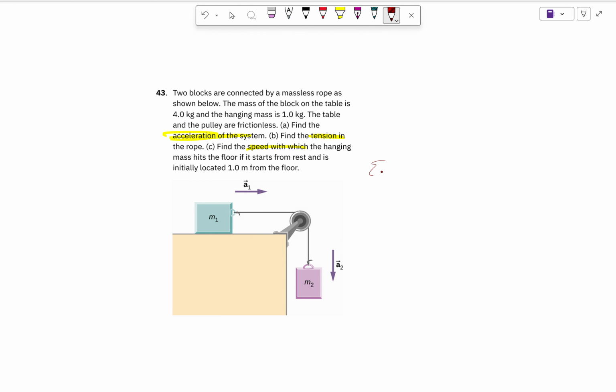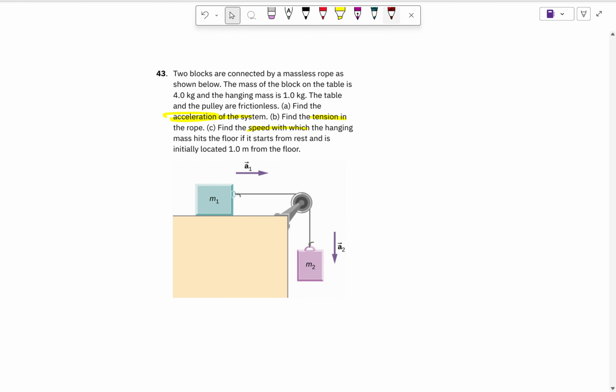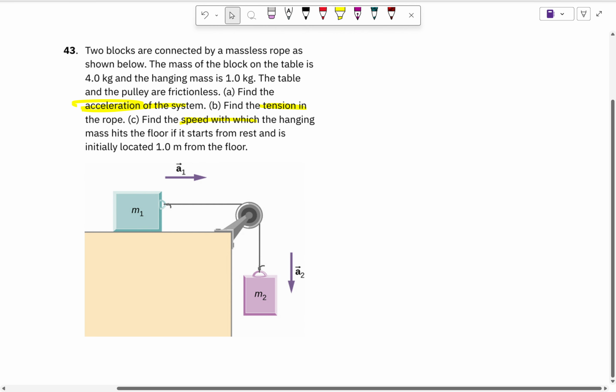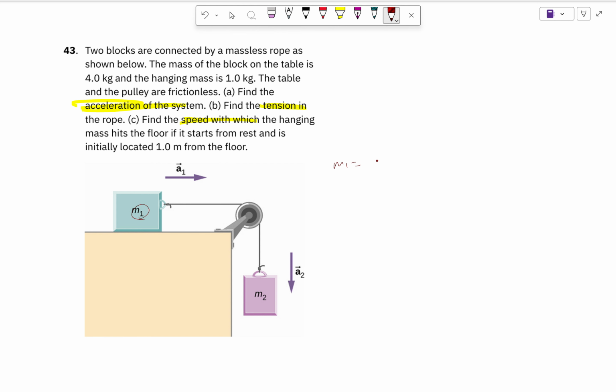Easy. Alright, so what we have here is M1. M1 here is 4.0 kg. So we're putting givens. That's the mass on the table.